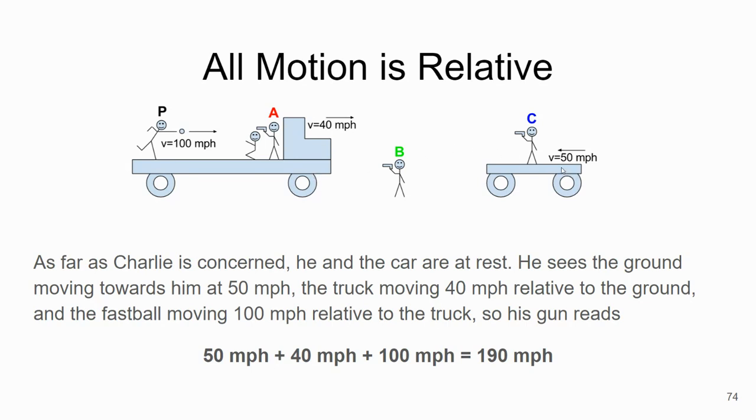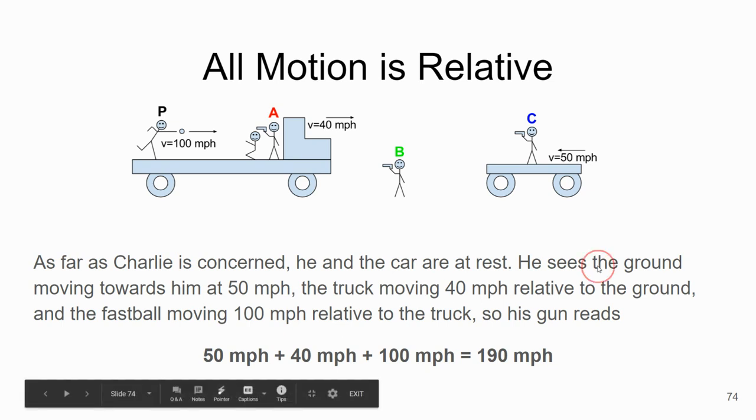Charlie claims, no, me and the car and the radar gun are at rest, and the ground is going by at 50 miles an hour east. This is according to Charlie's point of view. So he says the ground is going east at 50 miles per hour. The truck is going 40 miles per hour east relative to the ground, and the pitch is going 100 miles per hour east relative to the truck. So he's got to add all three of these up, and he comes up with 190 miles per hour.